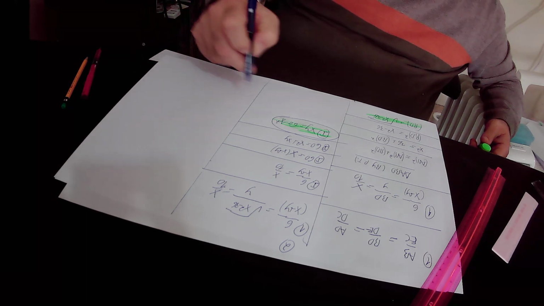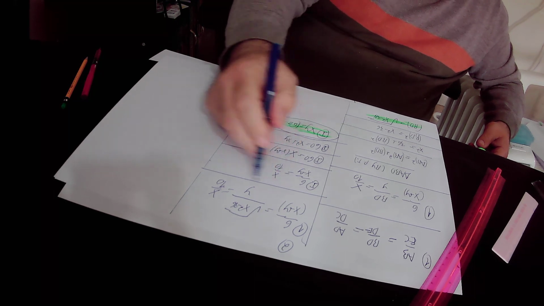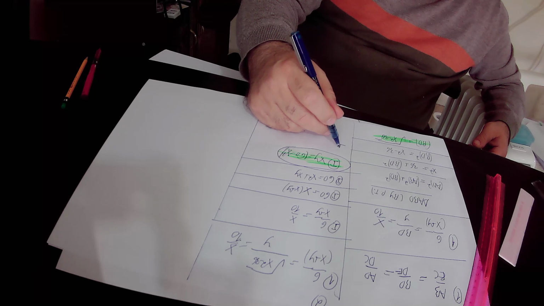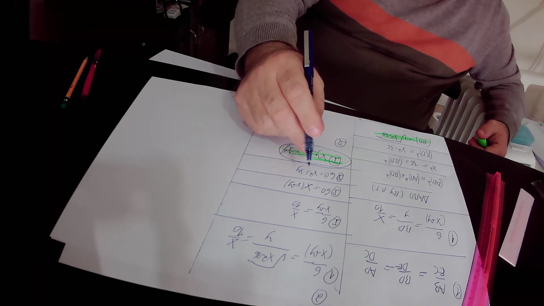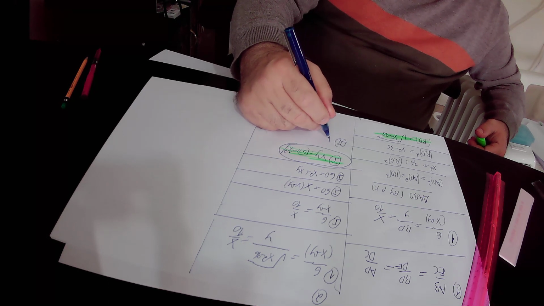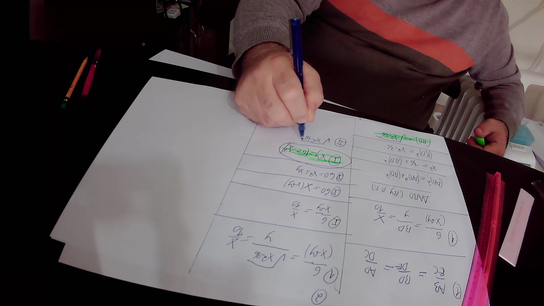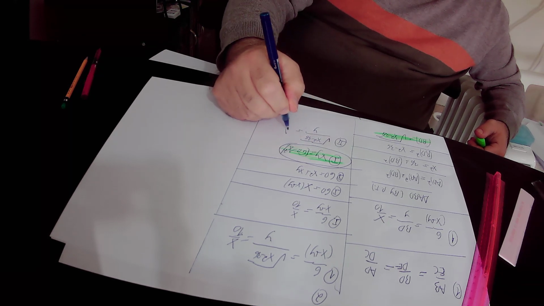In the next step, we create another equation from this long equation. This will be equation number 2. According to equation number 2, we get that the square root of x squared minus 36 over y is equal to x over 10.